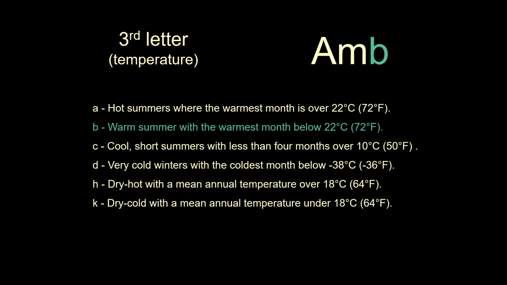The first letter, a capital letter, tells you the climate type. The second letter tells you the rainfall, which you identify based on the rainfall amount, and the third letter tells you the temperature situation. So make sure that you know that, as there are questions on that.